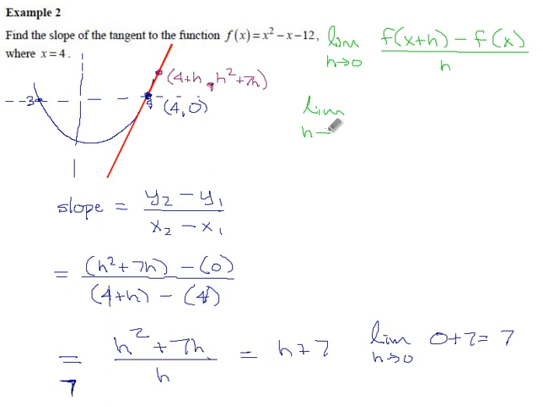Limit as h goes to 0. f of x plus h is exactly this. It means you plug x plus h, in this case 4 plus h, into your formula, and you get h squared plus 7h. From that you subtract f of x, which is simply 0.